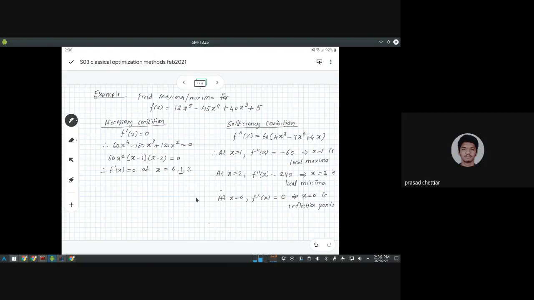For minima it would be positive, and for a point of inflection it would vary, positive and negative.